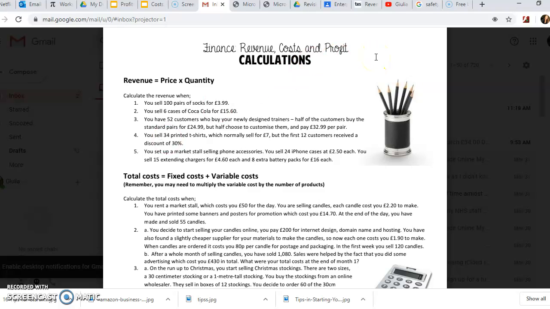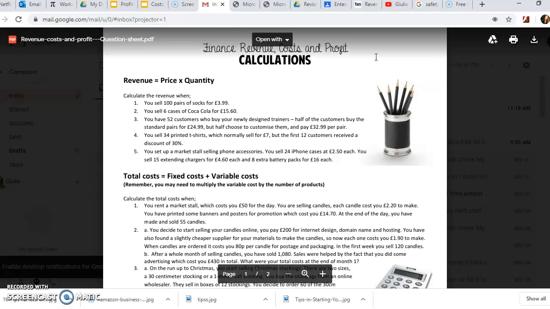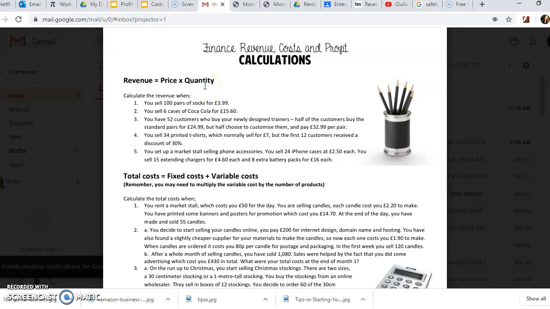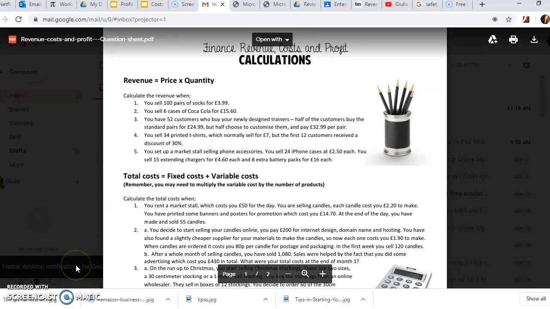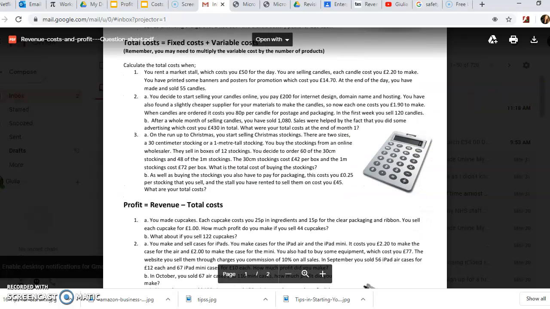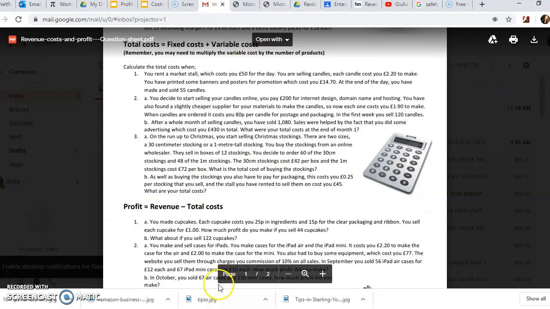You will really remember and start thinking about these concepts a lot better if you're practicing and looking at real life scenarios. So please do these questions for Friday and then we'll look at them together very briefly, and I might even just post the slides. Let me know if you're struggling with these. You have to do revenue, total costs, and profit, so this whole page. Okay, I'm going to post it now.